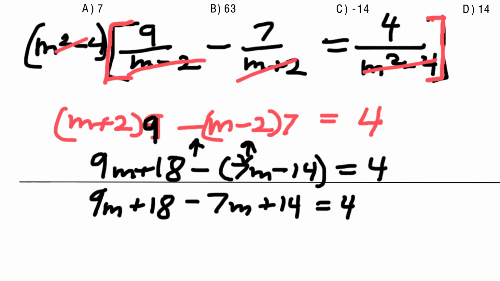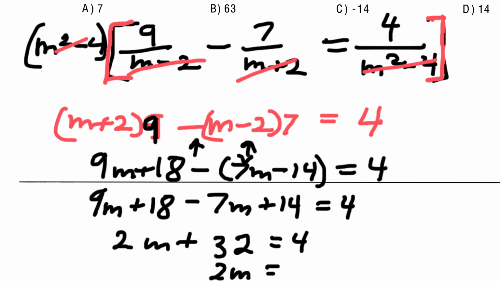Now we combine like terms and we get 2m plus 32 equals 4. Add a negative 32 to both sides, we get 2m equals negative 28, and then divide by 2, m equals negative 14. And negative 14 is not 2 or negative 2, so it's fine, that's our answer. And the answer C is correct.